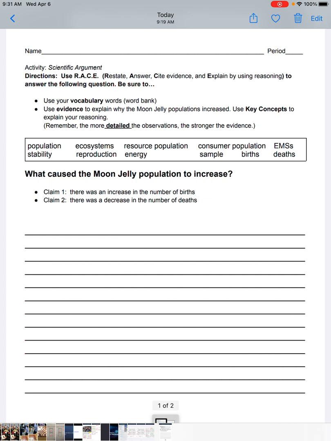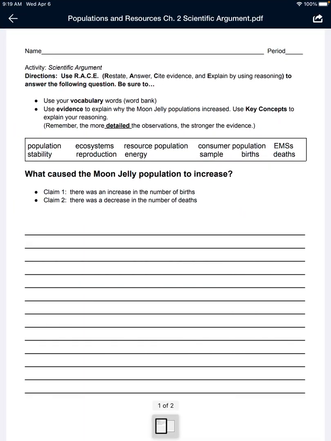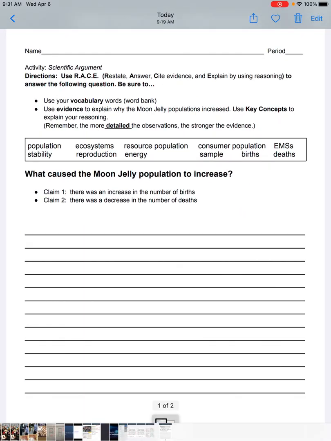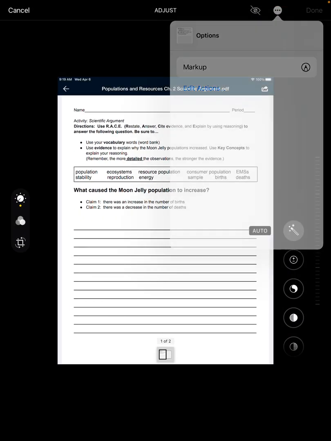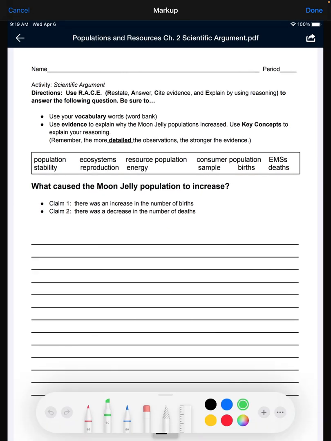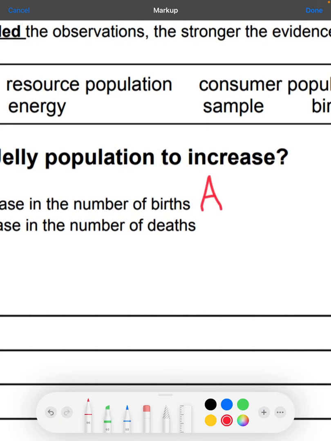You're going to use RACE to answer the question. You cannot use both. Do not say, well, it could be claim number 1 and it could be claim number 2, because that's not making a claim. You need to choose one. If you're going to use claim number 1 and you're going to say the reason why the population increased was because of an increase in the number of births, then you're going to use evidence card A to support.